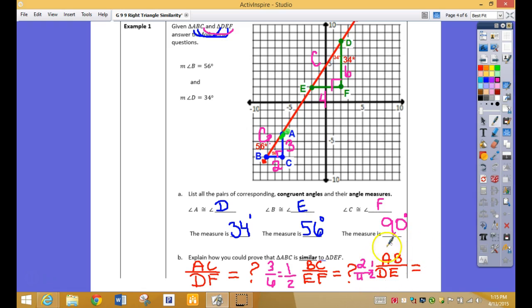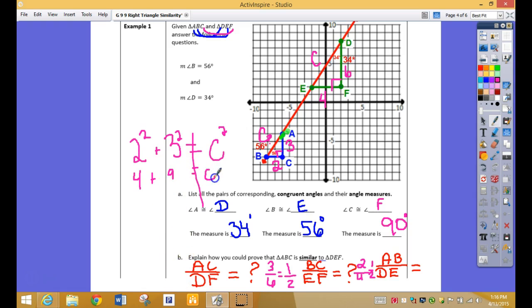Now we have to use the Pythagorean theorem, find our hypotenuses here. So over here, my two legs are 2 and 3. 2 squared plus 3 squared equals C squared. What's 2 squared? 4 plus, what's 3 squared? 9.